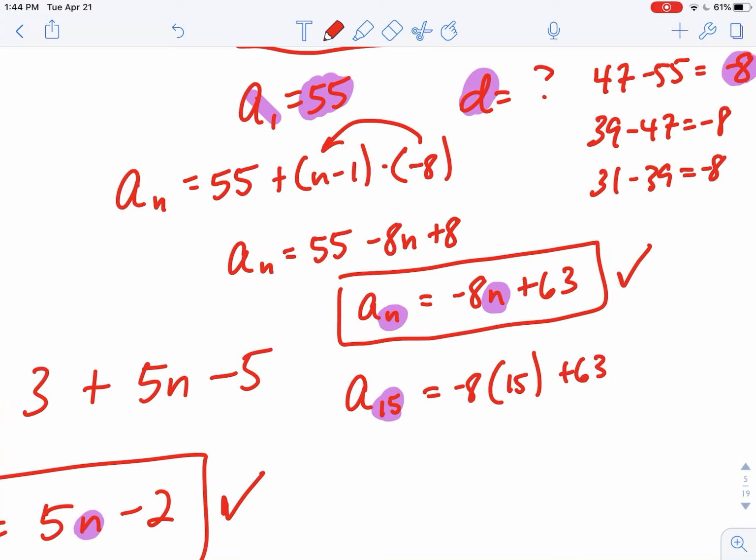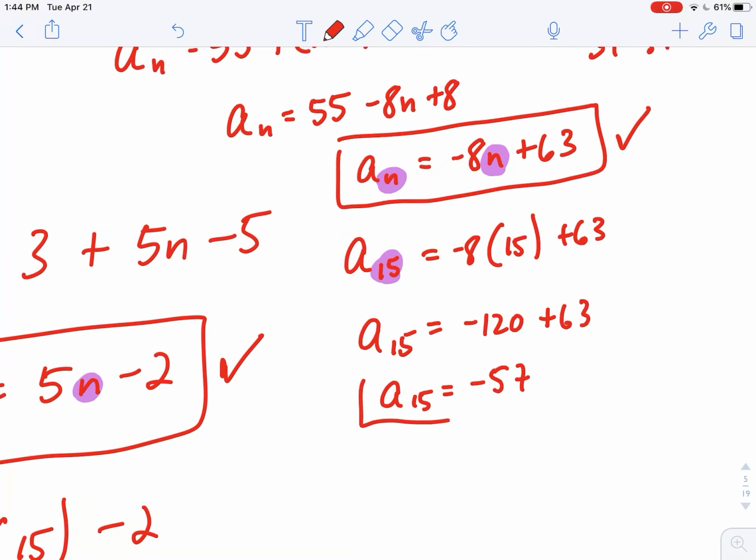So that means that the 15th term is negative 120 plus 63, and of course negative 120 plus 63 is going to give me negative 57. So that's the 15th term. That's the second piece of information that they wanted to give us.